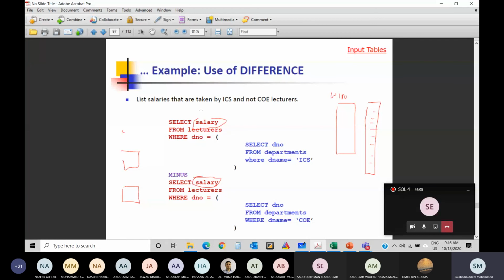Suppose this was sal in the original table, and this was salary, so it doesn't work, isn't it? So what we should do is select sal as salary. I will make the same name. Do you understand what I mean? So I can rename the column name to make them match. Then after that, I can do whatever I want. Does that answer your question? Yes. Thank you. Any other question?